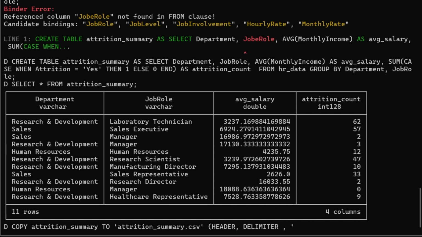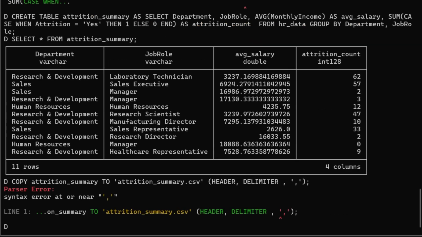So let's add the header, comma, delimiter, and a comma. It's like comma separated values, right? CSV means. So we added all this, and just check if something is right or not.